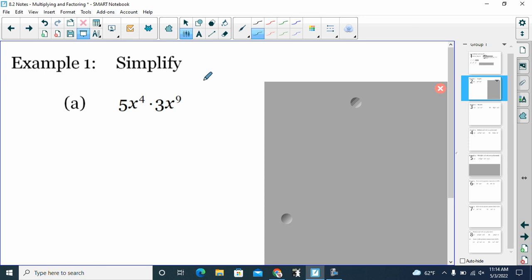So we're going to do 5 times 3 is 15, and x to the 4th times x to the 9th, when I multiply, I add up exponents. 15x to the 13th is correct for part A. That is using that property of exponents we just talked about. When I multiply, I add the exponents.